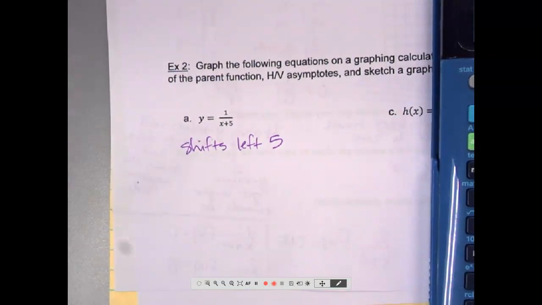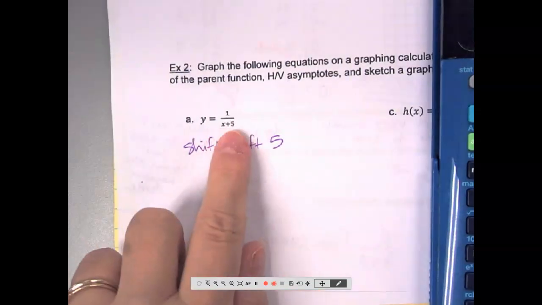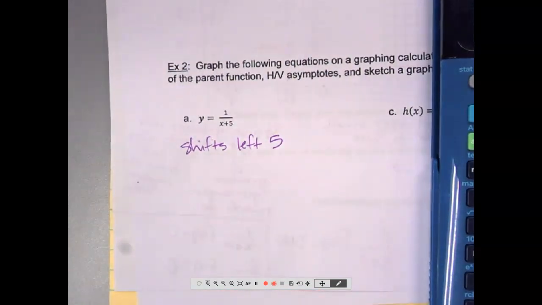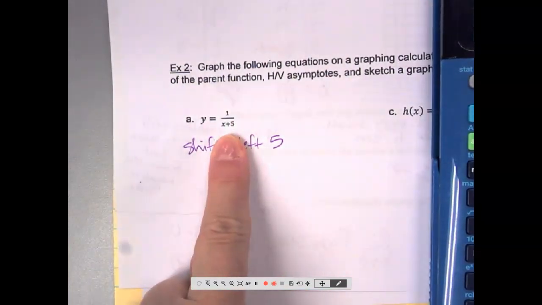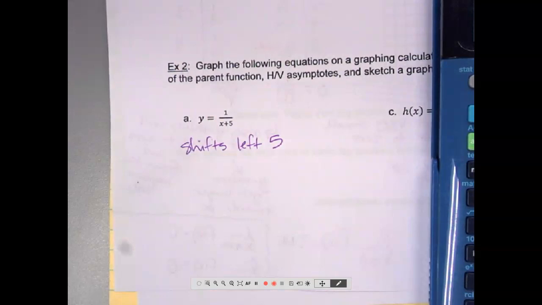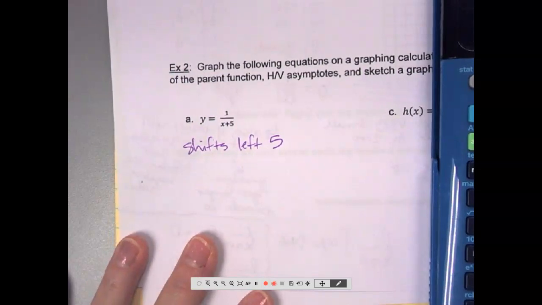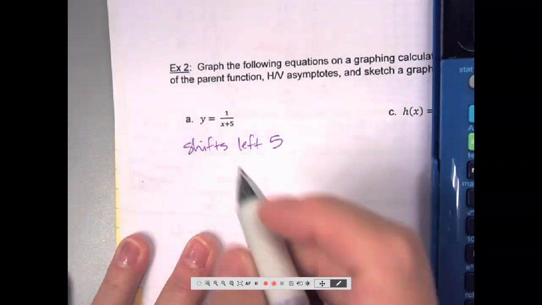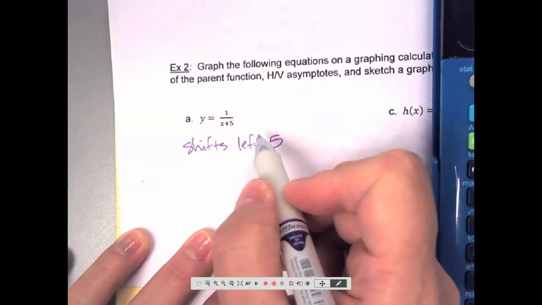Remember with the absolute value and the parabolas, the same thing happens. If I have a plus 5, it's going to go left 5 because negative 5 is the undefined value. If it's a minus 5, it's going to go right 5 because positive 5 is now the undefined value. Let's use an abbreviation because I don't want to write asymptote every time.